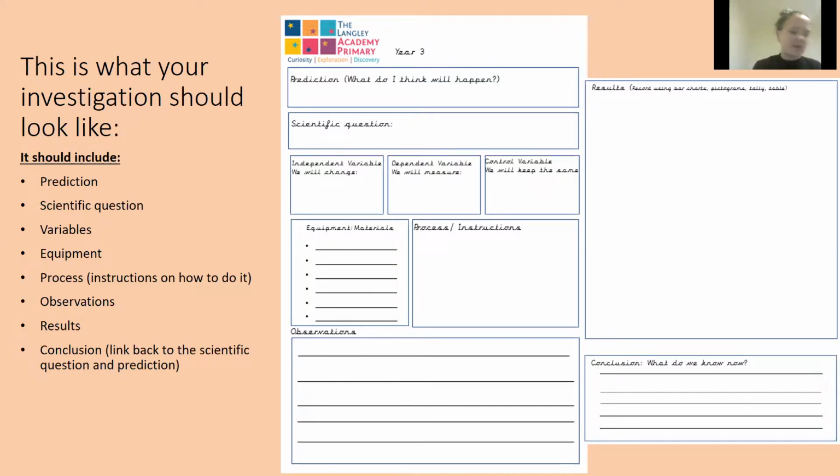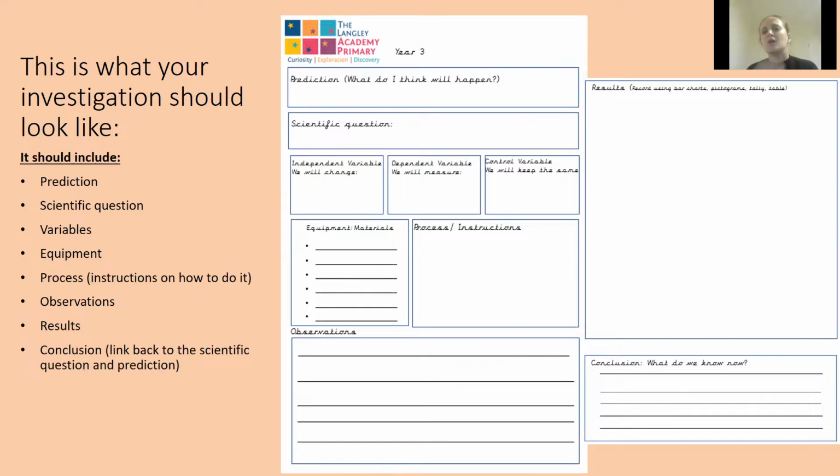Those would be my observations. And then there would be different ways that I could put them up. I could put it in a bar chart. I could put it in a tally chart. I could just have a simple tick chart with the metals down one side, and a simple yes/no column of whether or not it was magnetic.